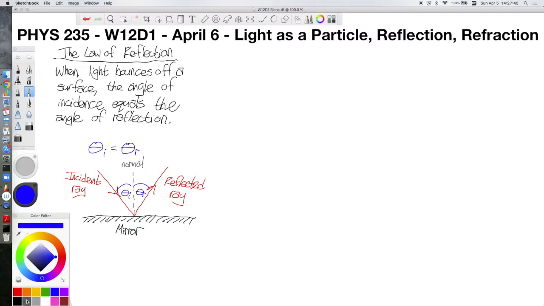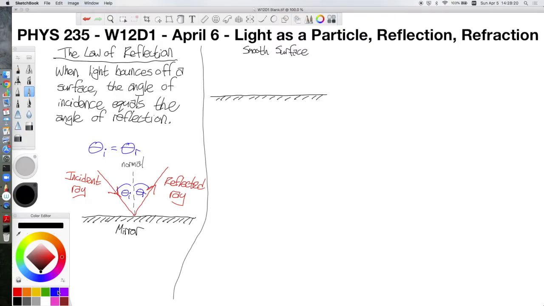There's a couple of phenomena related to the law of reflection that I want to discuss specifically. One of them is the difference between reflection off of a smooth surface and reflection off of a rough surface. So let's consider those two situations.